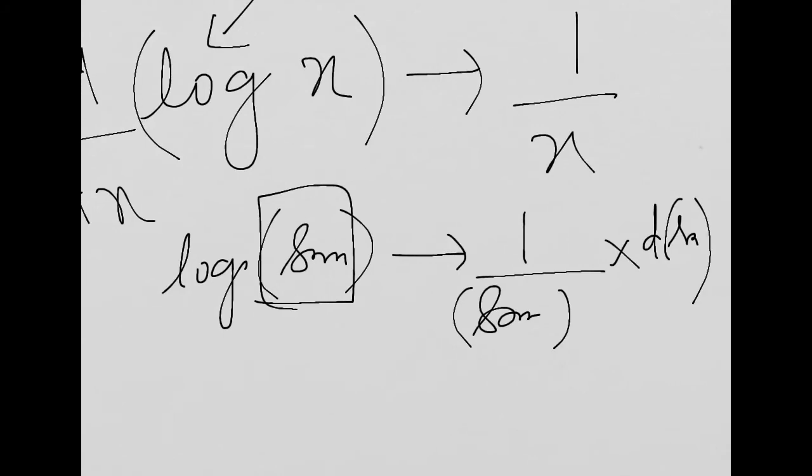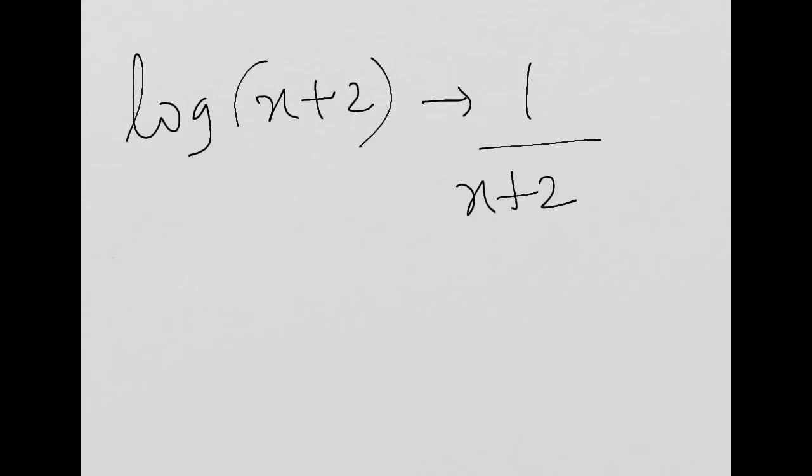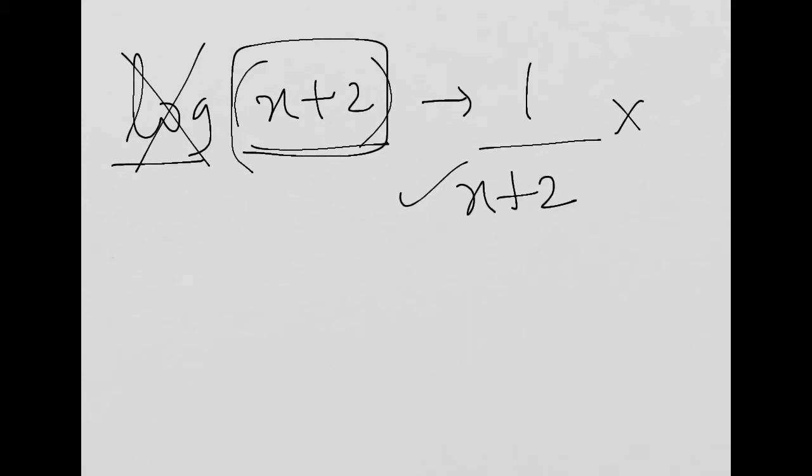Which means, if the question says log of x plus 2, the differentiation of this is 1 by x plus 2, as the rule is log something is 1 by something into, now the respect for log is over. What is the differentiation of x plus 2? X on differentiation is 1, plus 2 on differentiation is 0. So it is 1.